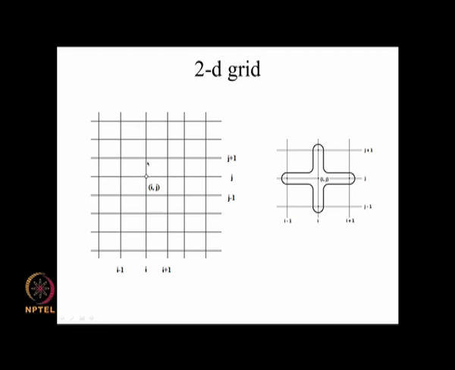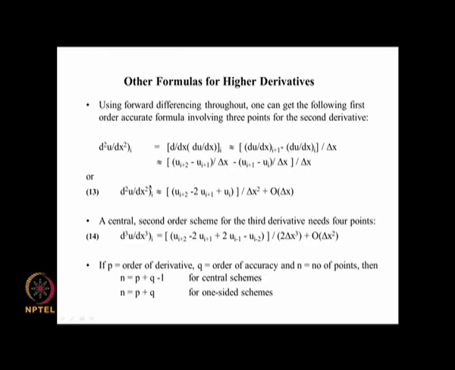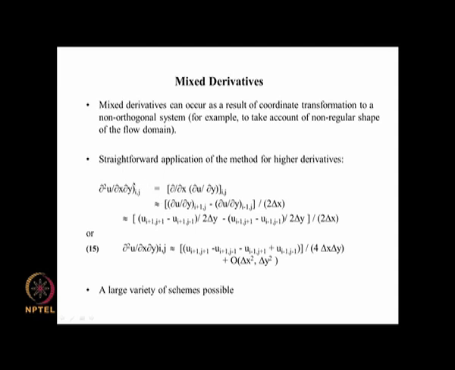If it is dou square u by dou y square, immediate neighbors to the top and bottom will be coming here. So there is a difference in terms of what neighboring molecules we introduce to come up with a corresponding evaluation approximation for a derivative.